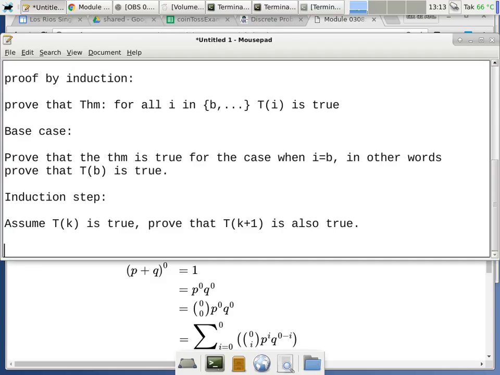Now, of course, some of you who like to water ski will say that with two sea turtles, you can just do it this way. But that would not be proof by induction, for one thing, and it would also not be a discrete math problem, because what makes proof by induction discrete is step by step. Prove it for i equals k. The next one is i equals k plus 1, which is discrete.